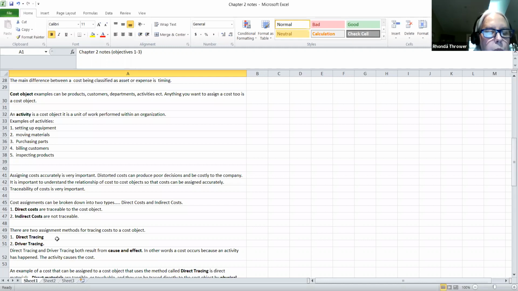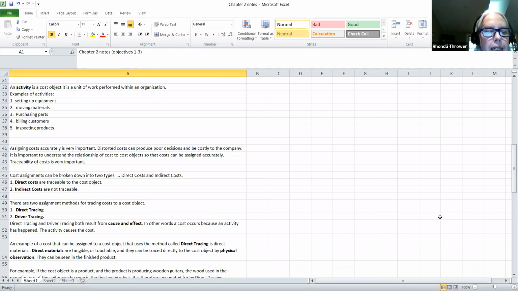Now, in this textbook, they really stress that there are two assignment methods for tracing cost to an object. One of those assignment methods is direct tracing. The other one is going to be driver tracing. We'll talk about direct tracing first, but both of these, direct tracing and driver tracing, result from cause and effect.